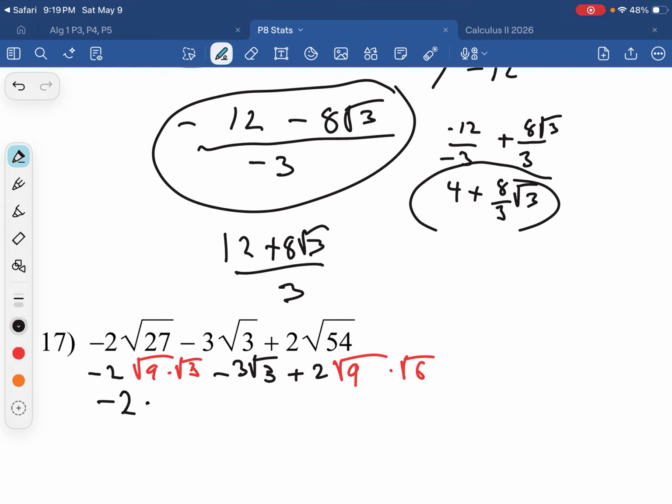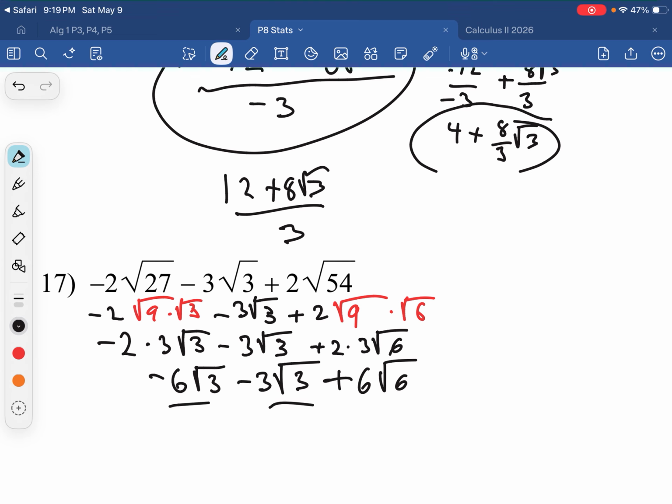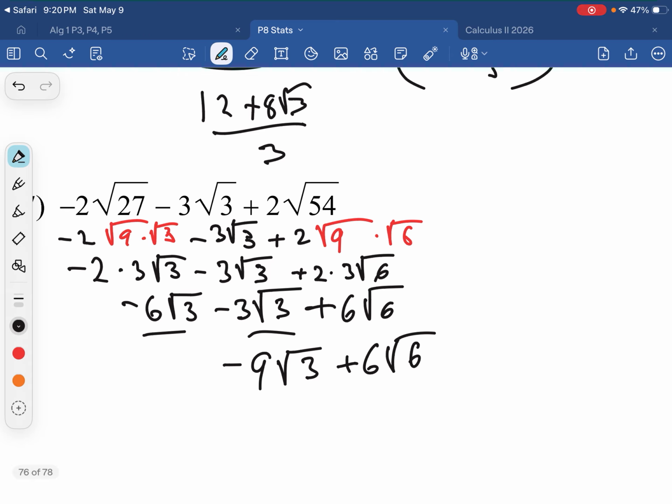This becomes negative 2 times 3 square root 3 minus 3 square root 3 plus 2 times 3 square root 6, or negative 6 square root 3 minus 3 square root 3 plus 6 square root 6. So these two are like radicals, so I can rewrite this as negative 9 square root 3 plus 6 square root 6 for my final answer.